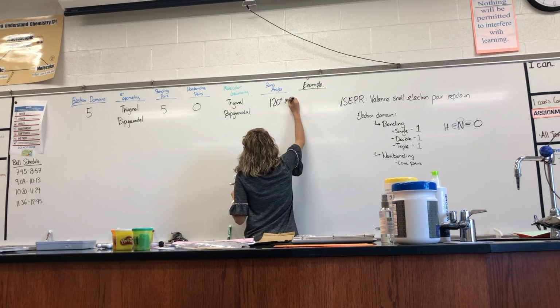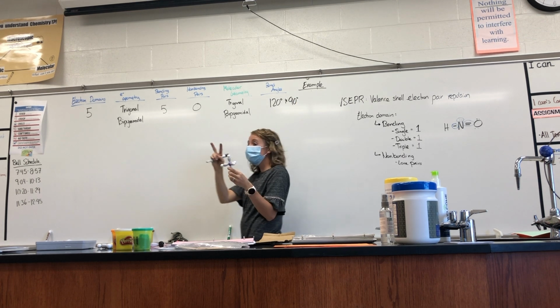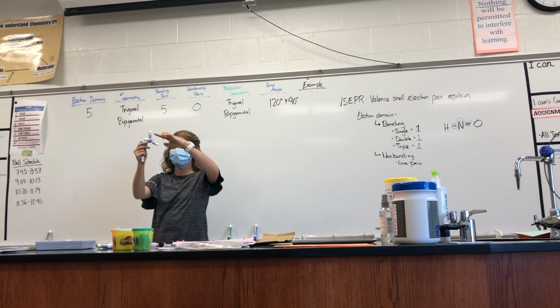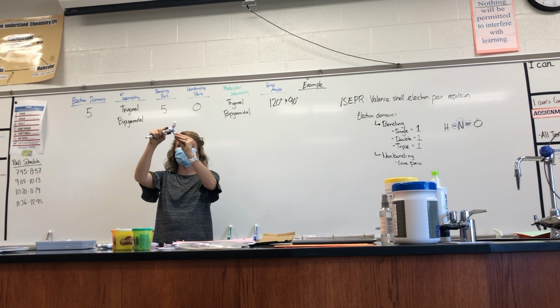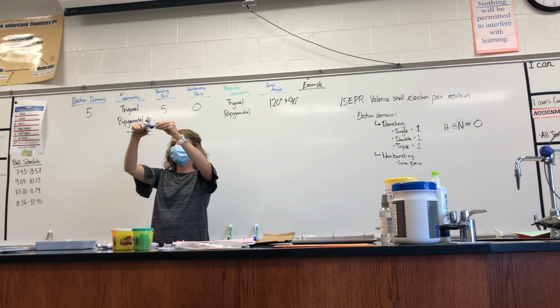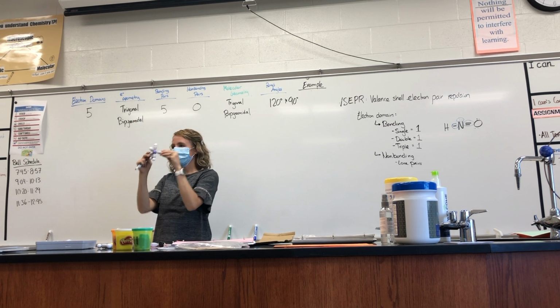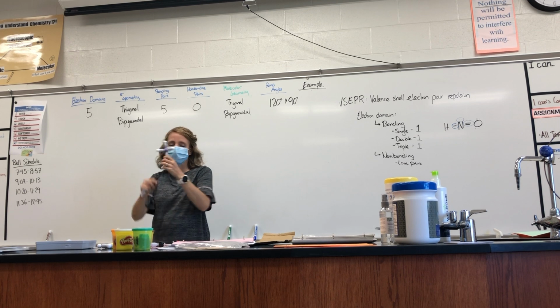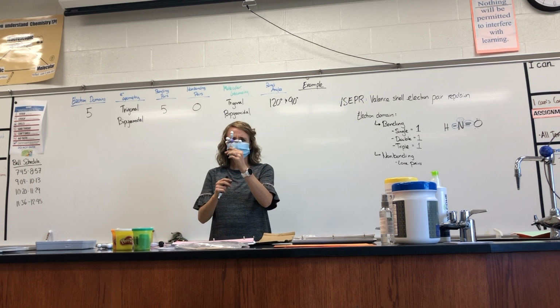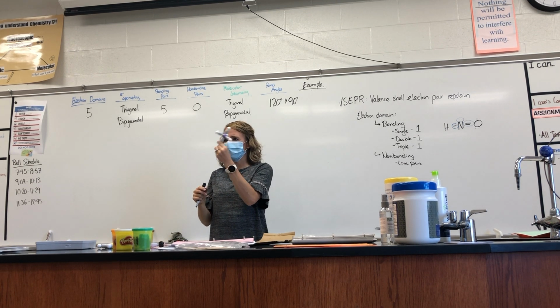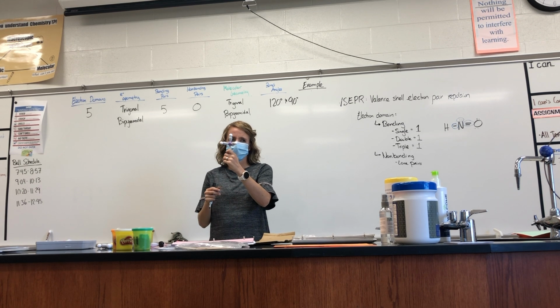Yep, there we go. Good observation, Zach. So your middle one here is a 120, but then from top to side, there's your 90. So have a smiley face, Zach. Questions on our trigonal bipyramidal?